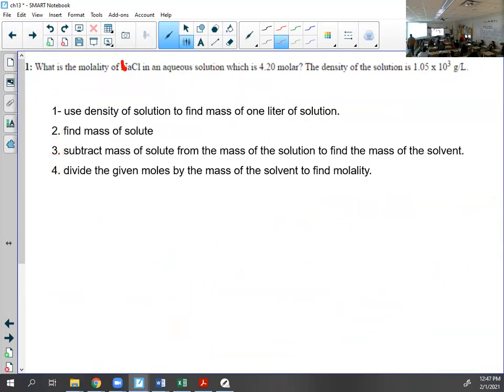What is the molality of LiF in an aqueous solution, which is 2.8 molar? The density of the solution is 1.15 gram per milliliter. That's a lot smaller than before.